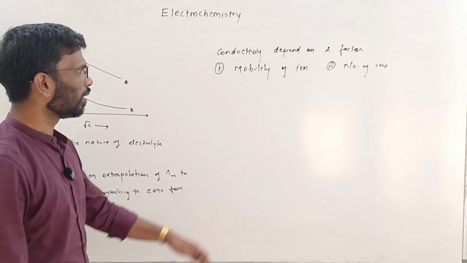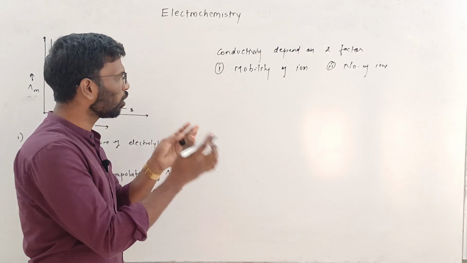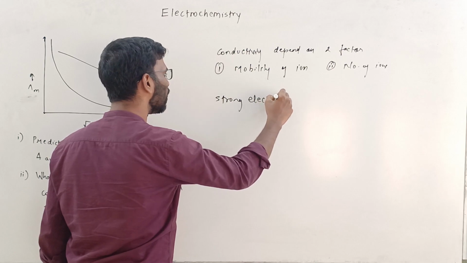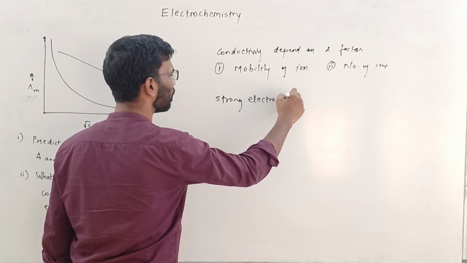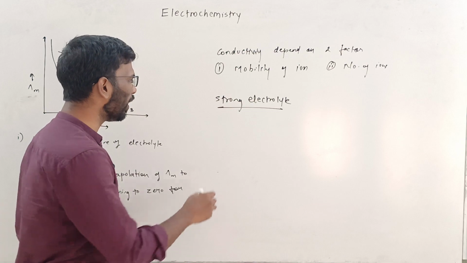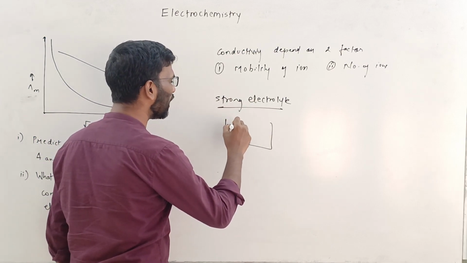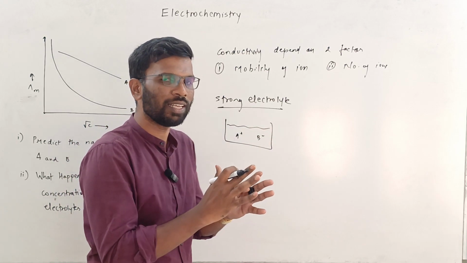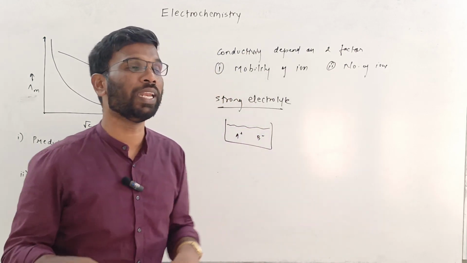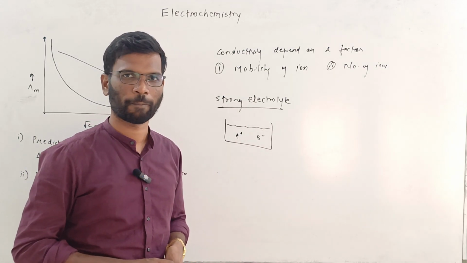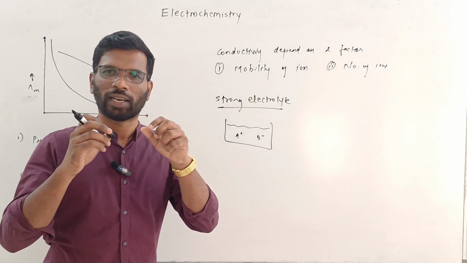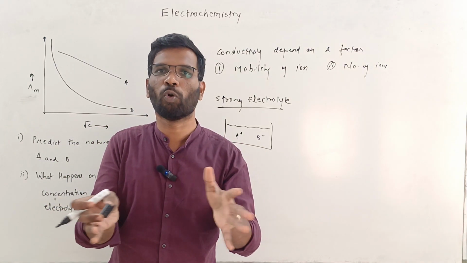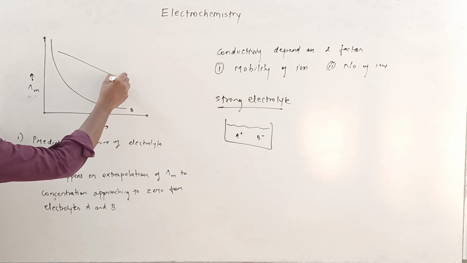For a strong electrolyte, with dilution, the space between the ions increases. Let's say A plus and B minus, with dilution they go apart. So mobility increases for a strong electrolyte. The number of ions for a strong electrolyte remains the same whatever the dilution, only the mobility is increasing. So here the plot is very uniform.